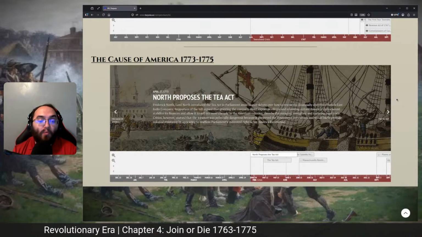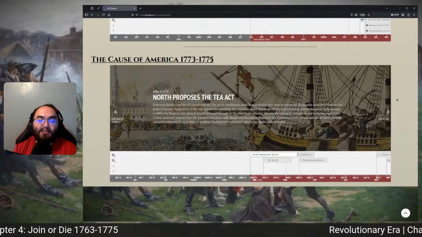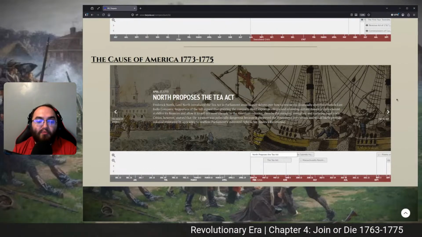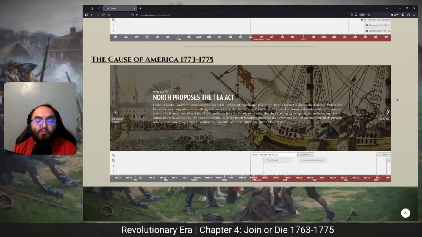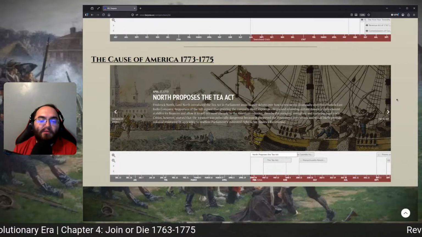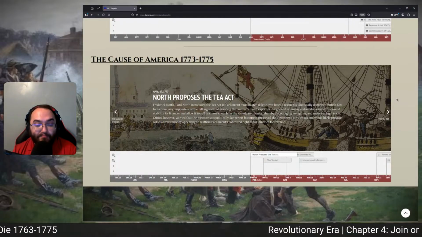Critics, however, warned that the measures were politically dangerous because it preserved the Townshend duty on tea, and it would likely provoke colonial resistance by appearing to reaffirm Parliament's contested right to tax America for revenue.